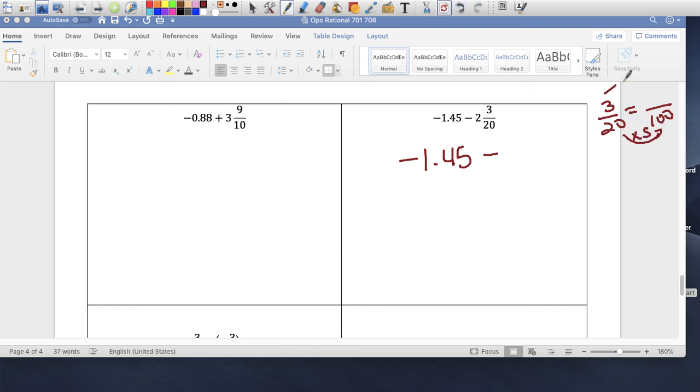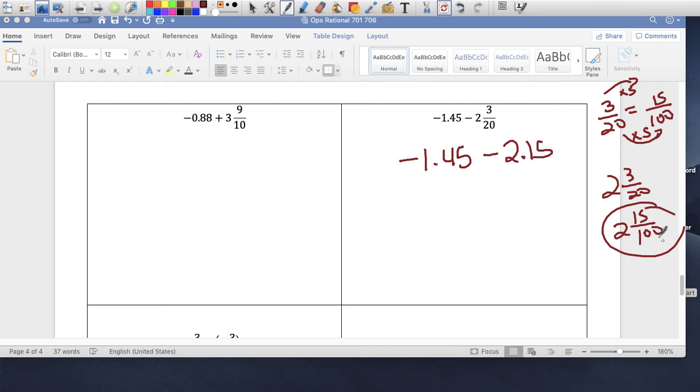Times 5. And the top would be times 5, right? So 3 would be 15. So negative 2 and 3 over 20 is the same thing as 2 and 15 over 100. Which now makes it much easier to change to a decimal. It's 2.15, right? 15 over 100. If I had $2 and 15 over 100, that means I have $2.15.